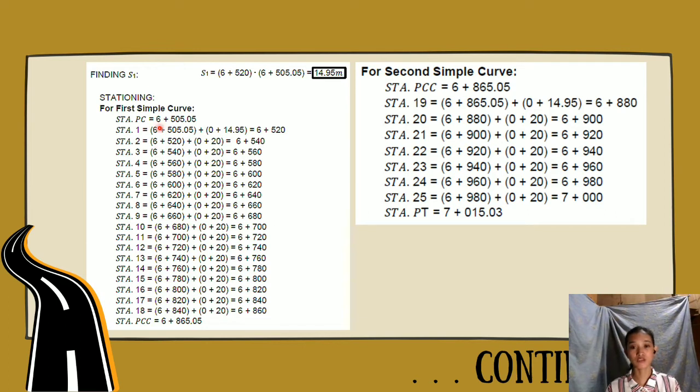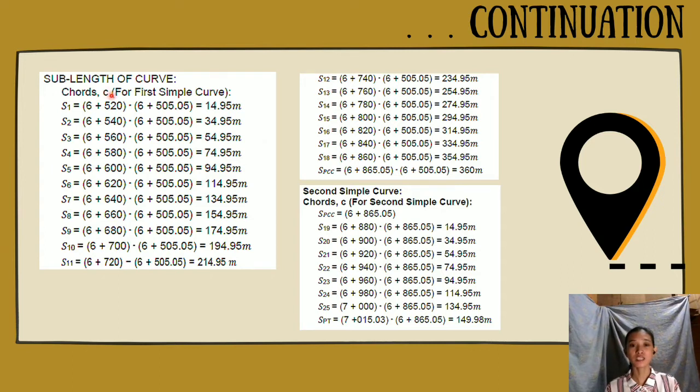In the first curve, we will be using the station of PC. However, when it comes to the second simple curve, the station of PCC will be involved. And then, when getting the sublength of the curve for each station, in the first curve, we subtract the station of PC from the stationing of the points. As for the second curve, we use the PCC instead of PC.